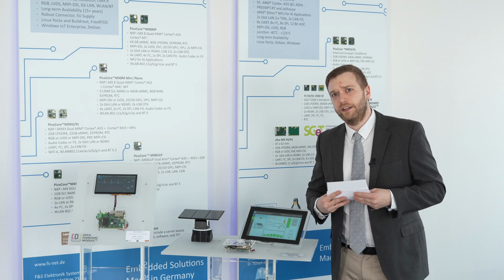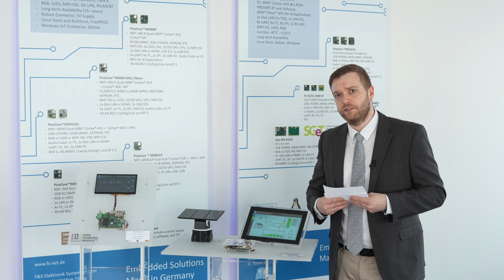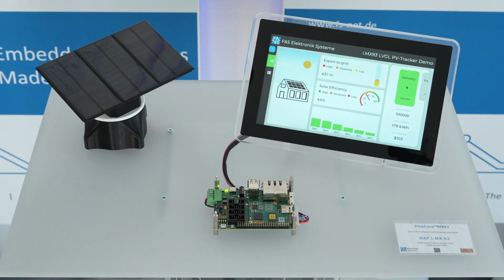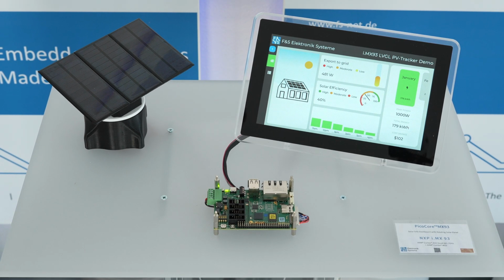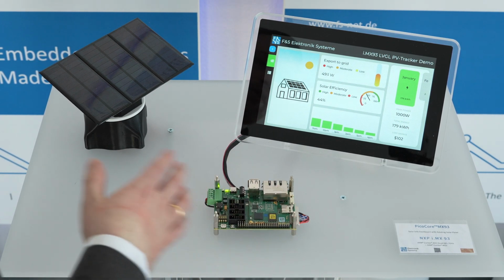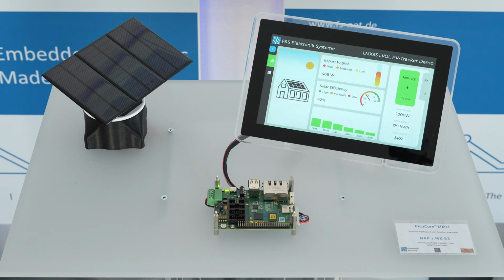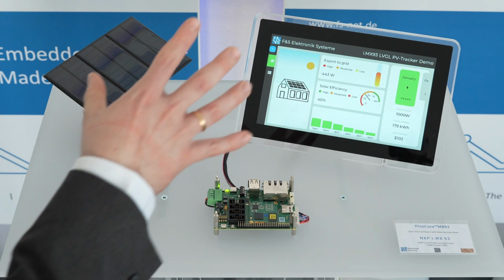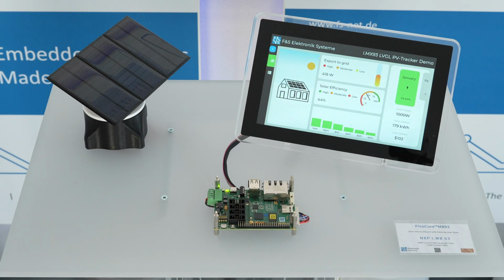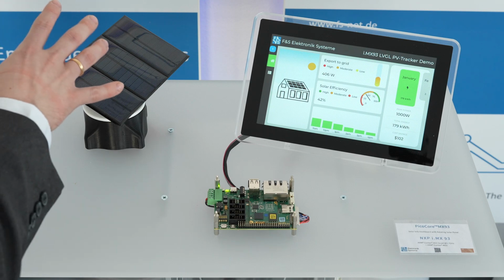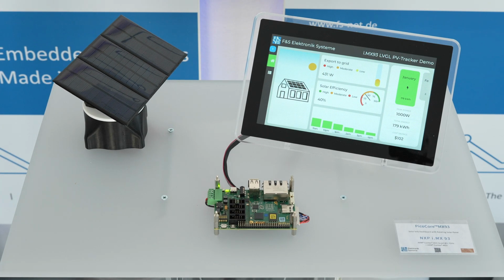So let's take a look at some use cases for LVGL. You can see here a demonstrator of a PV tracker with a Pico-Core module based on the i.MX93, a 10-inch LVDS display and a PV system mounted on a motor.